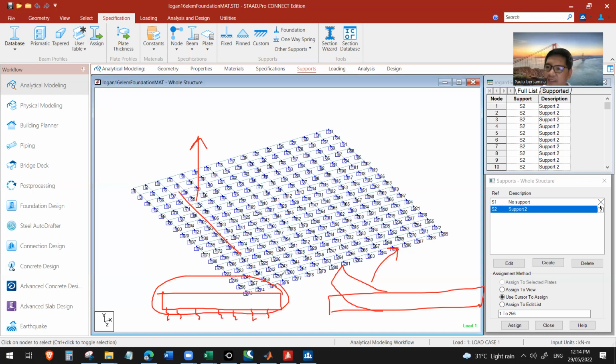Unlike this, you will iterate stepwise to obtain the stiffness of this portion. That is more advanced analysis. So we stay here, we'll just do it this way for now.